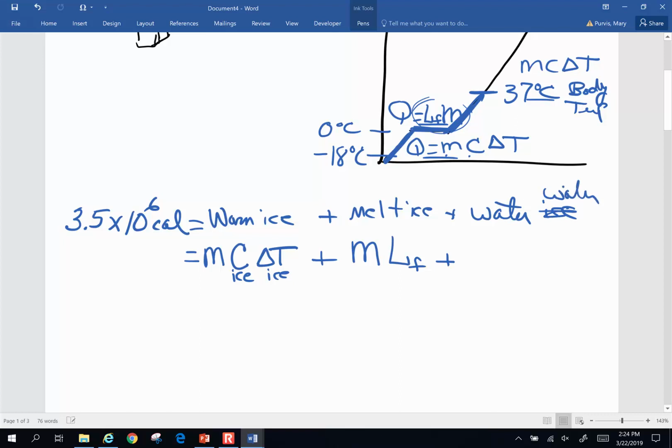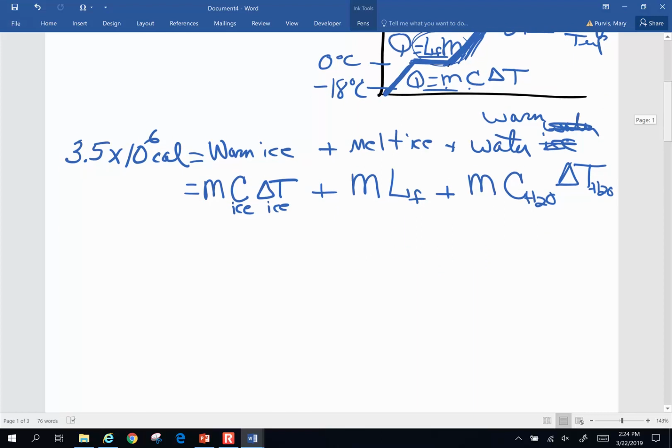Let's write down warming water. So we're going to be in this fraction of the graph up here, warming the water from 0 up to 37, the mass of the water, specific heat now of water, and change in temp of water. Now I'm going to do this problem in calories.